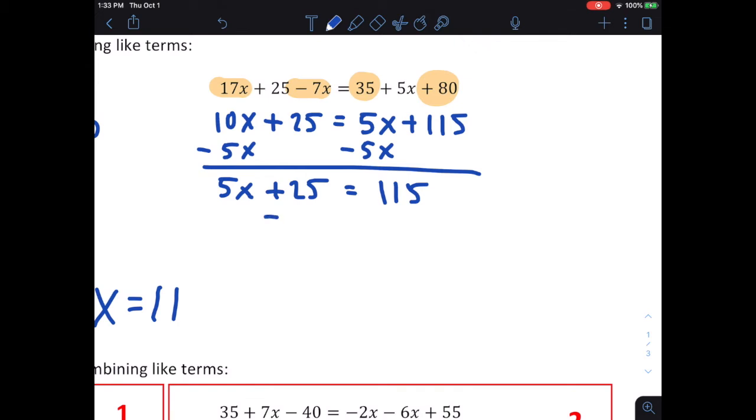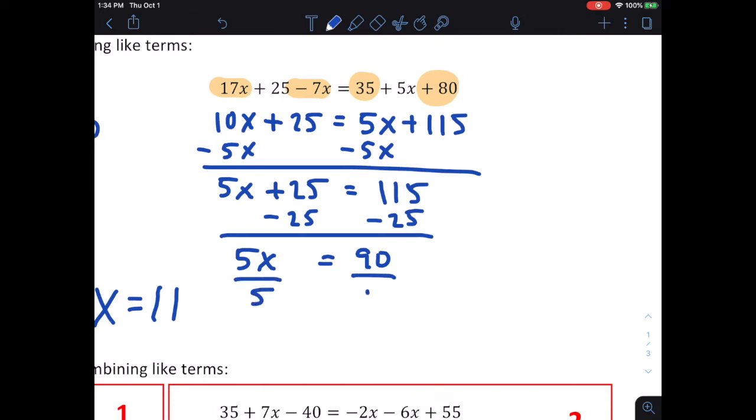And then I'll subtract 25 from both sides. So I have 5x equals 90. And then I can divide by 5. And when I divide by 5 here, we might need a calculator to do this one, and you might not, but when I divide by 5 here, x is equal to 18.